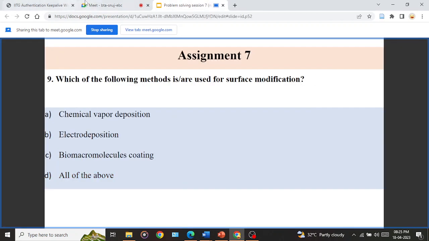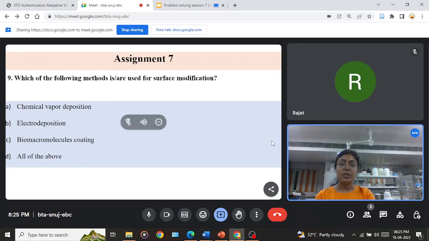So okay, question number 9. Question number 9 is, which of the following methods is or are used for surface modification? So you have to tell which of these following methods are used for modifying a surface.